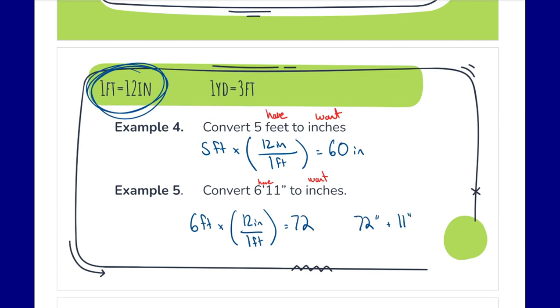We're going to add on the 11 inches, and we get 83 inches overall. So again, a little bit different because the imperial system can combine units. We want to make sure that we're only converting the feet and then just adding on the inches to our answer.